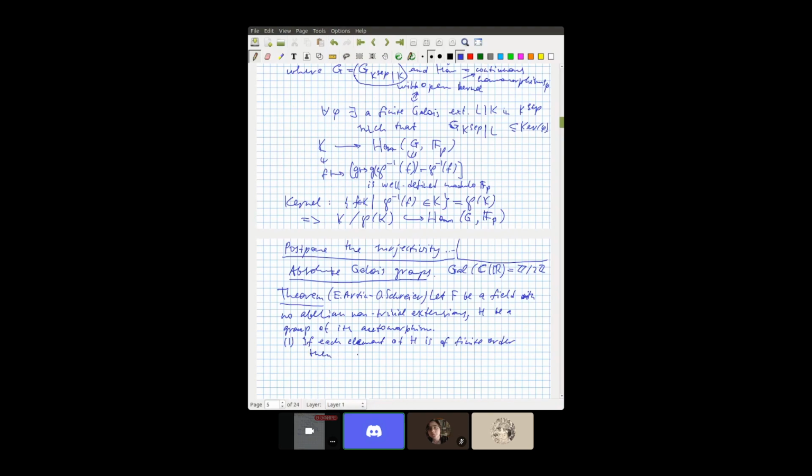And then in this case H is of order at most 2. This is the first part, and the second part says what happens if this group is of order 2.